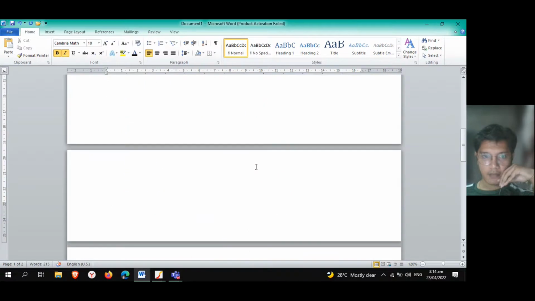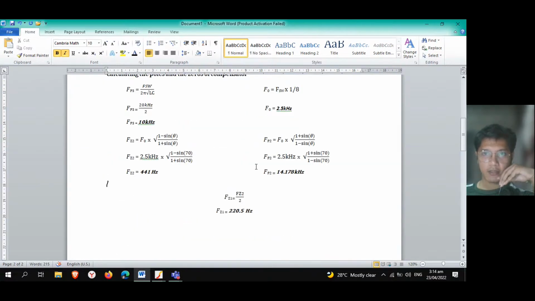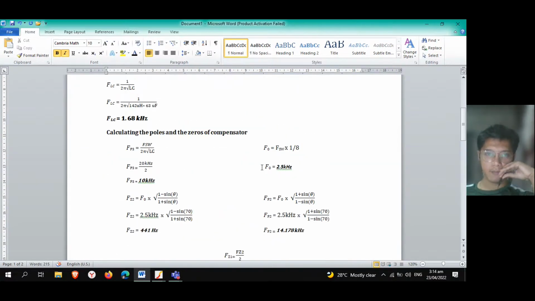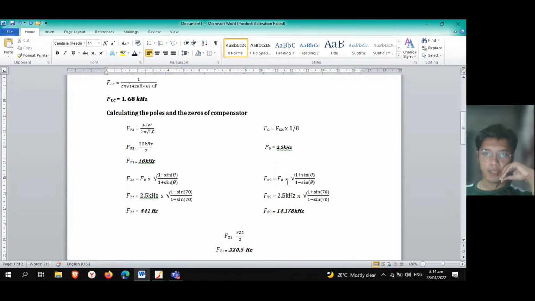Then for F sub 0, it is FSW times 1 over 8, which is 2.5 kHz. For FP2, the formula is F sub 0 times the square root of (1 plus sine theta) over (1 minus sine theta).